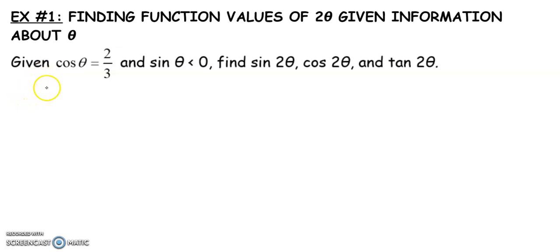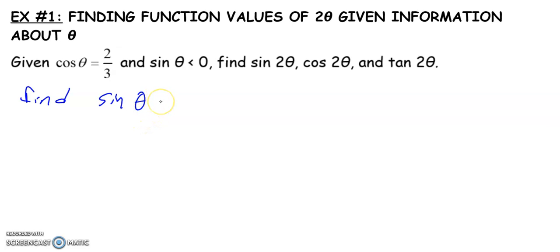If we want to find the sine of 2 theta, we need to know the sine of theta. Well, how are we going to do that? There's a couple ways. We know cosine is adjacent over hypotenuse, and then I can work that out and find opposite over hypotenuse. We could do that.